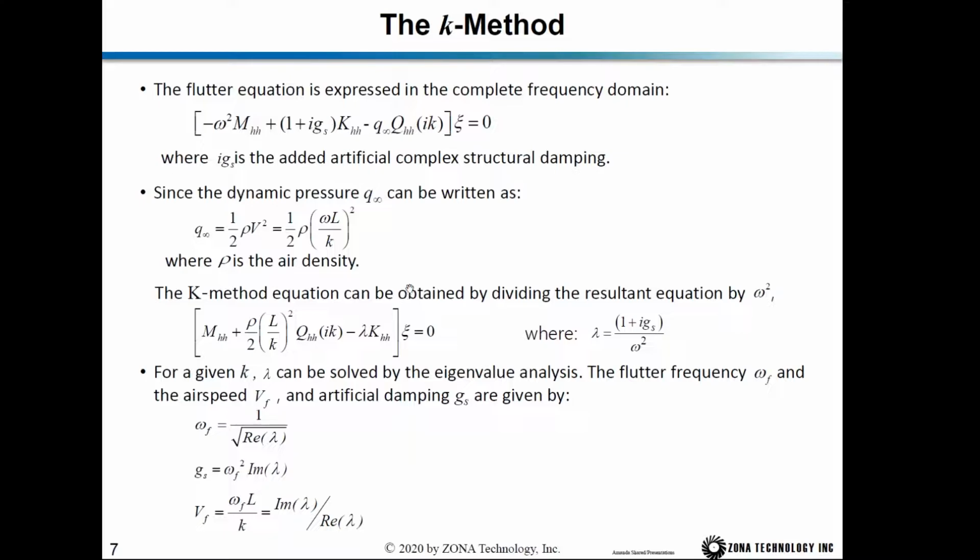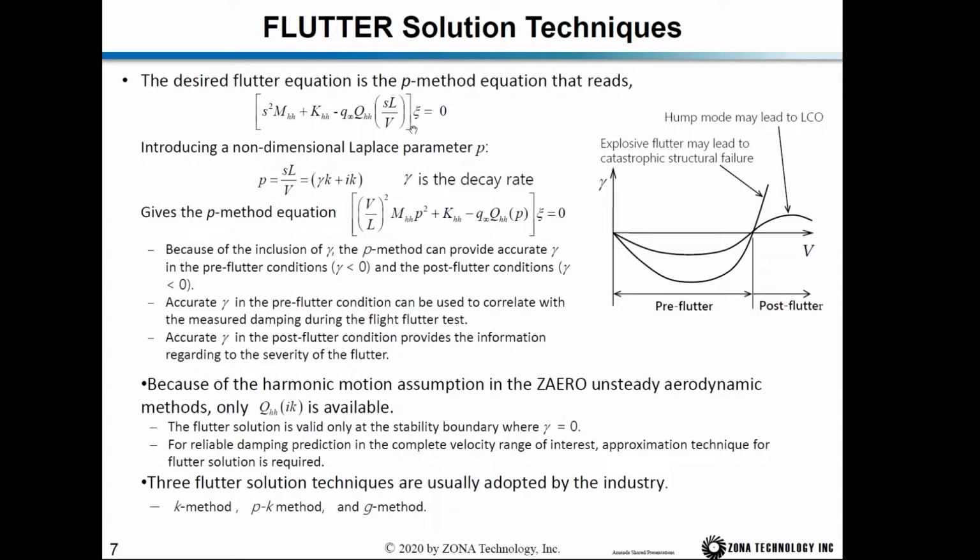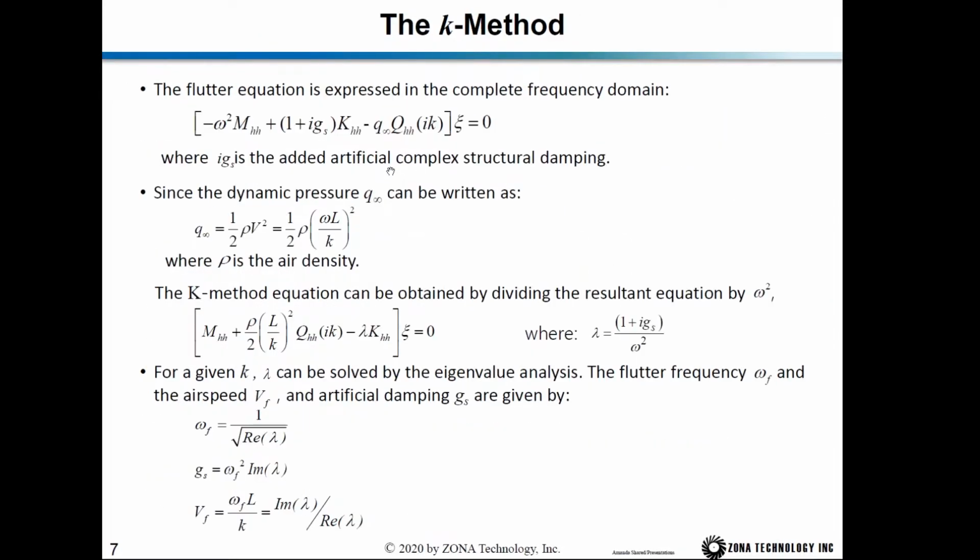The K method is expressed in the complete frequency domain because we don't have a Laplace domain GAF, so we remove the gamma from the equation and end up having only the frequency here. Okay, so this is omega square, and we have a GAF in the frequency domain.